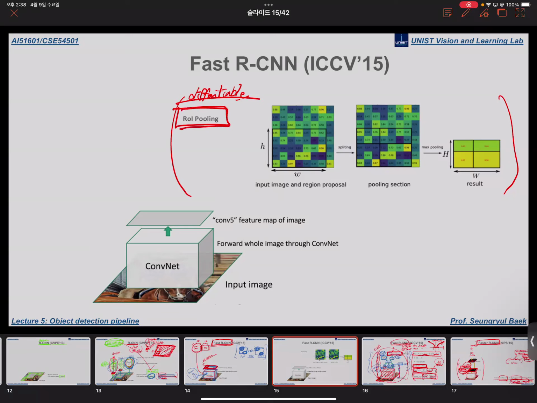It is one of the pooling operations, but its purpose is, using the object proposal bounding boxes, to attach the feature regions and map them to a fixed dimensional one-dimensional vector. Then we can apply fully connected layers to map it to the class and also the refined bounding boxes. That's what we learned last time.